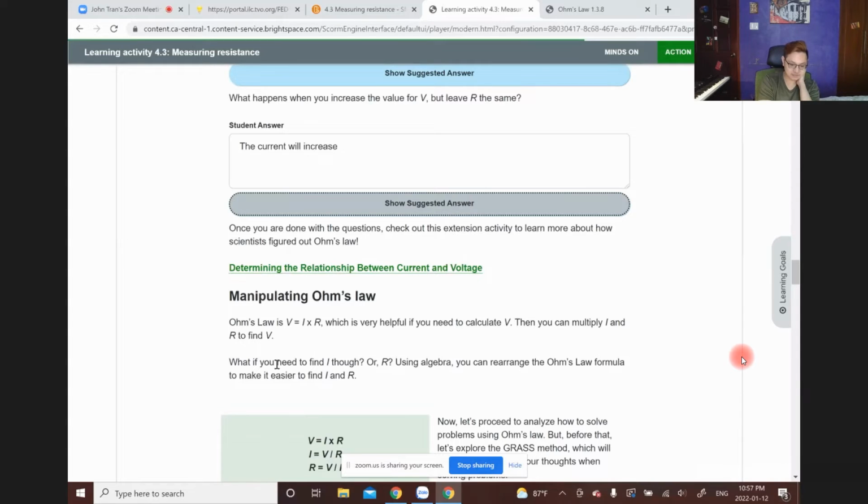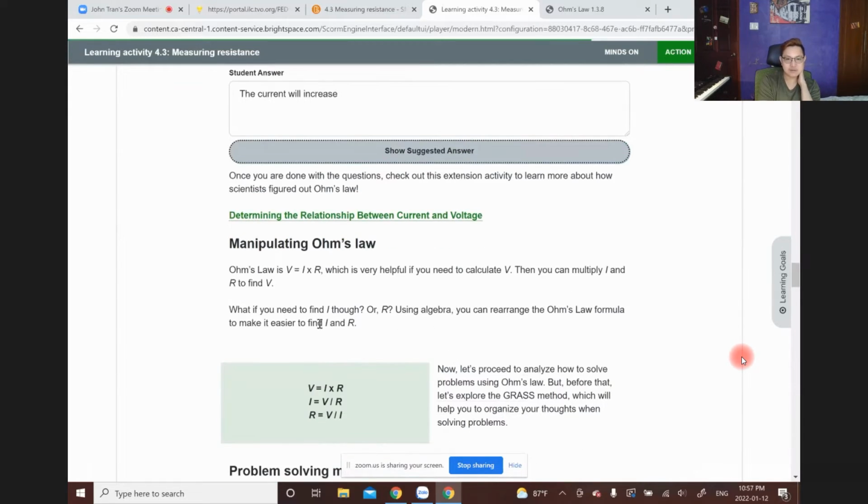What if you need to find I though, or R, using algebra? You can rearrange the Ohm's law formula to make it easier to find I and R. If V equals I times R, then I will be equal to, you move R to the left side, so V divided by R. If you want to find R, you move I to the left side, so R will become V divided by I. Just like that.